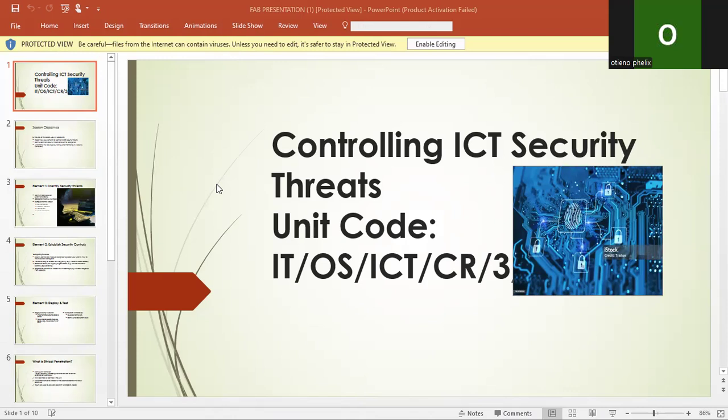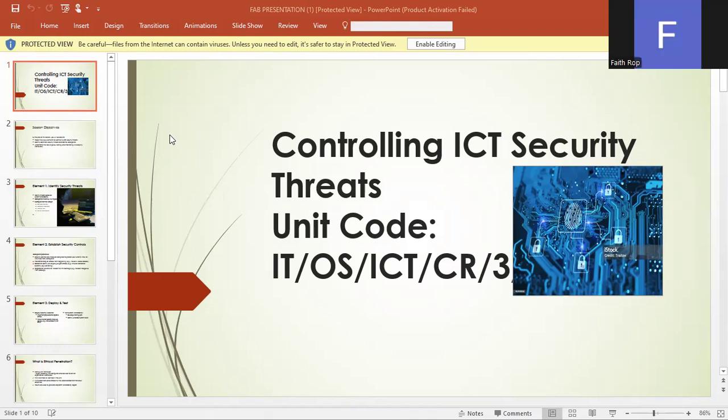Yeah, give it a try. I think ICT security threats are harms that can be caused by some individuals through networks and computer systems. Yeah, that's basically it.